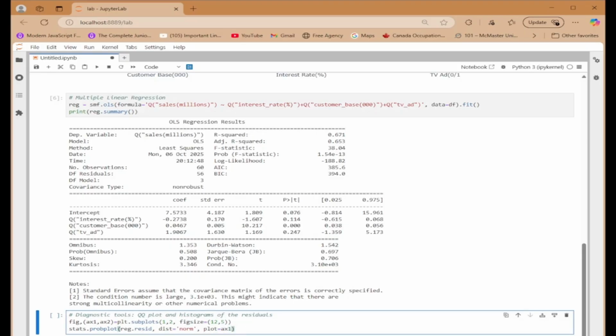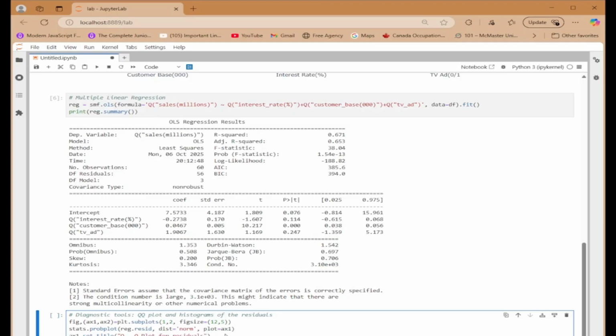Okay, now let's set the title also. ax1.set_title. What is going to be the title? Title will be Q-Q plot for residuals.